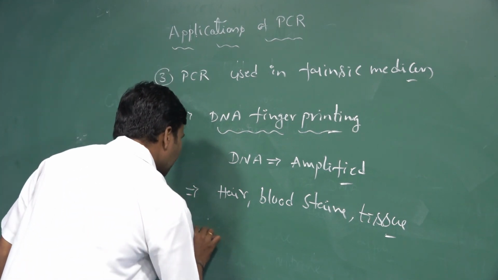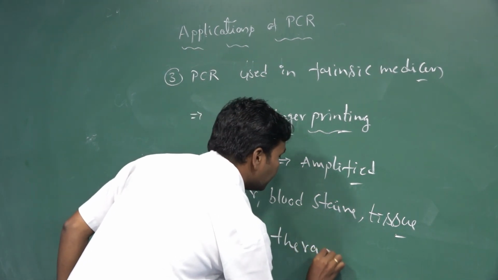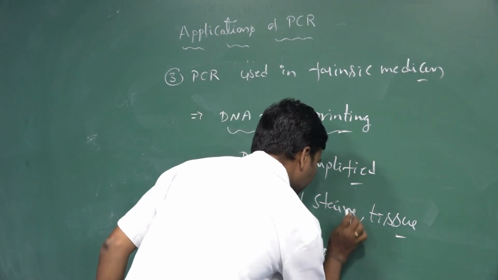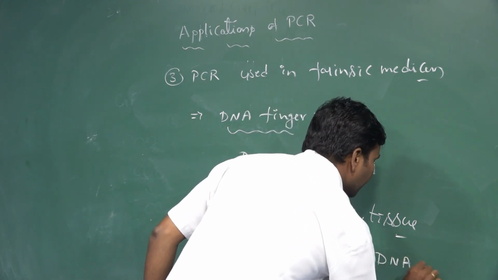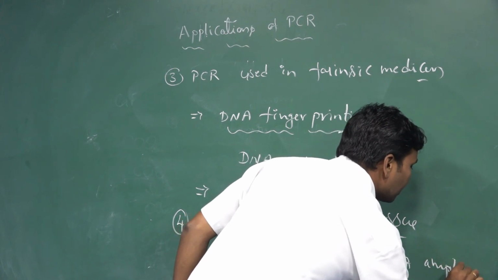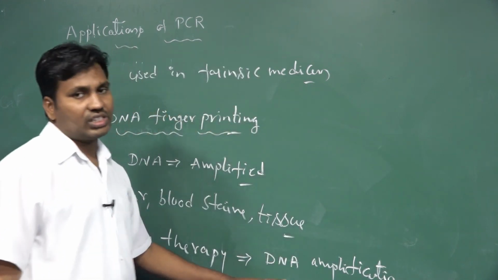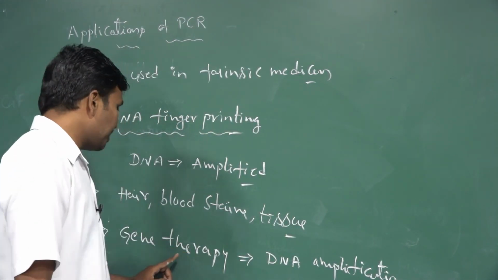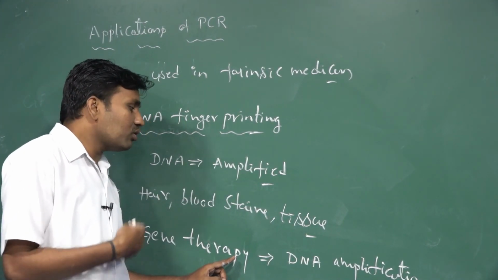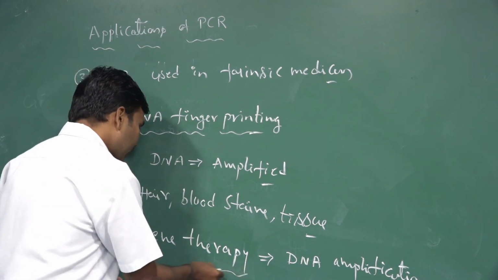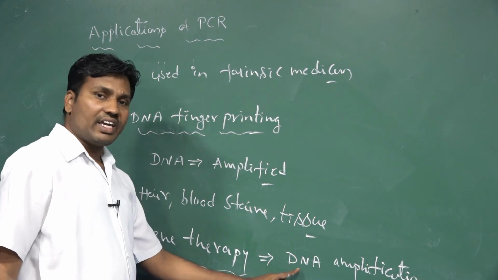The fourth one is gene therapy. In gene therapy, DNA amplification methods are used. The desirable genes used in gene therapy are commercially amplified and produced in larger numbers, and used in the therapeutic process for defective DNA samples.